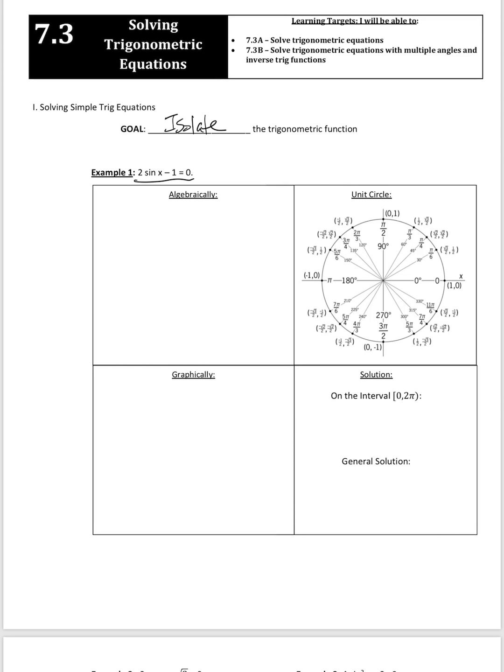So I'm going to solve for that function, and then we're going to talk about how I can solve for x. So I'm starting with 2 sine of x minus 1 equals 0. So basic algebra, I need to use inverse operations, move everything to the other side. So add 1 to both sides, divide both sides by 2. And now I have sine of x equals 1/2. So algebraically, we can solve for it like that.